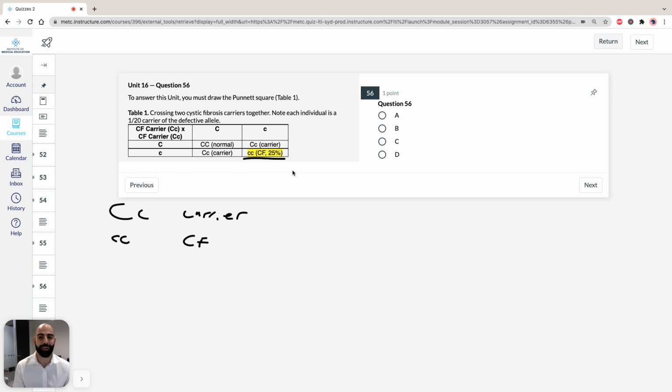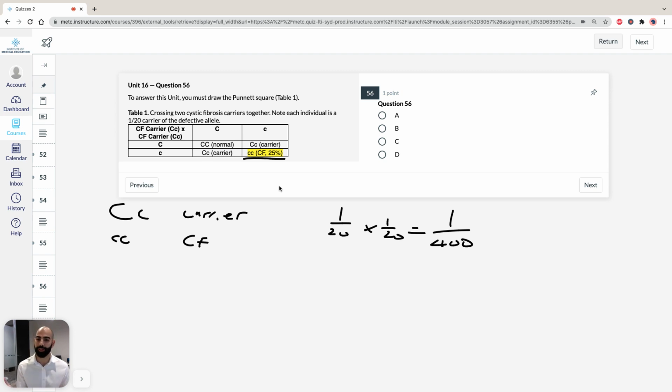That's correct. So what we did was we crossed, remember we were told a 1 in 20 chance. Every Australian has a 1 in 20 chance of carrying a defective allele. So we crossed a 1 in 20 by a 1 in 20. That means we have a 1 in 400 chance of these 4 genotypes. We're not finished there. We have a 1 in 400 chance of one of these 4 genotypes.